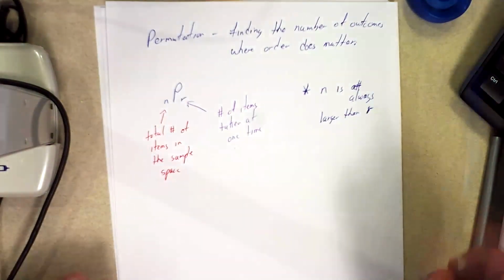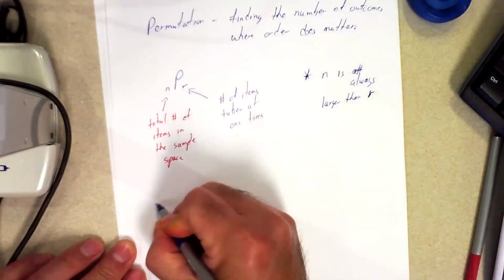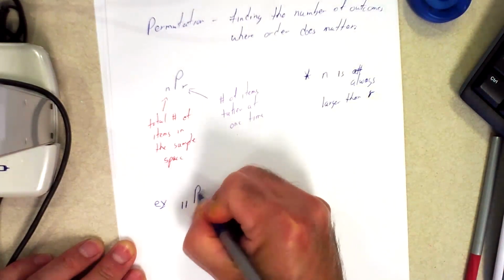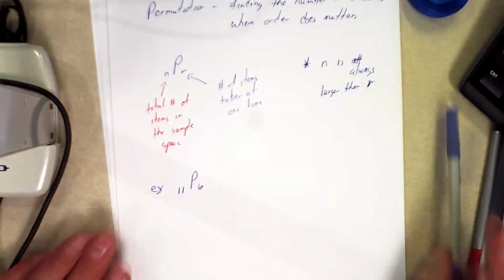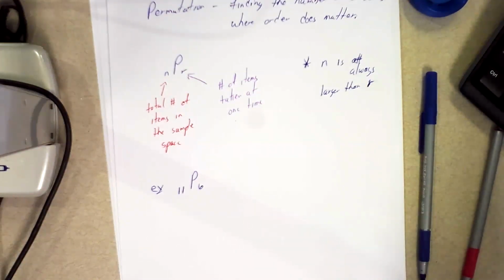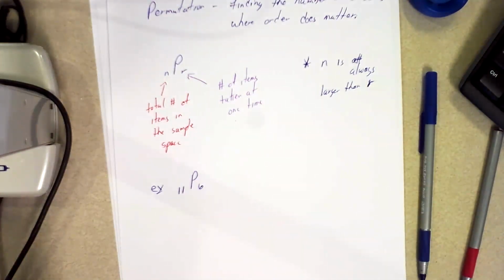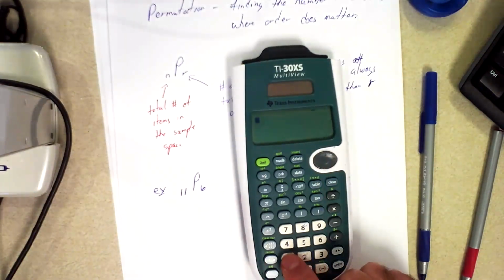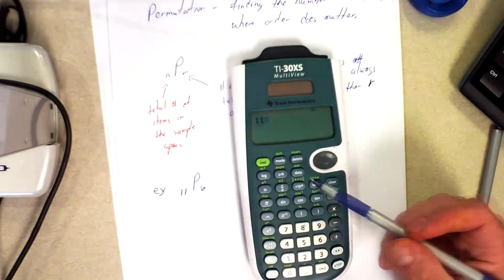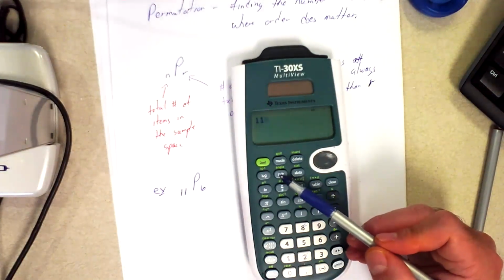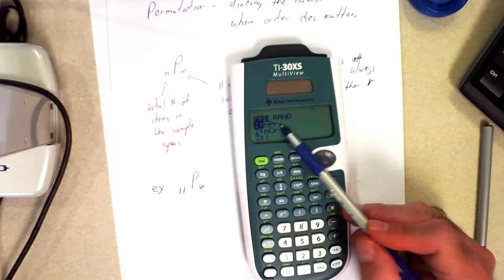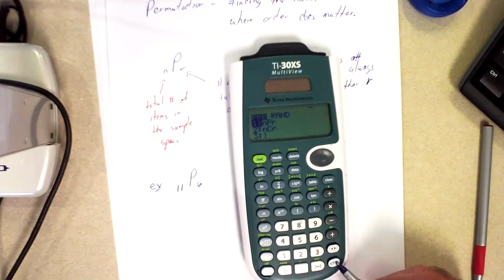All right, so let's practice. You'll be asked to compute 11P6, the permutation of 11 choose 6. On your calculator, you type in the left number first, 11. Then you go to the PRB button and look for nPr, not the radio station, but there it is. It's already highlighted, so hit enter.